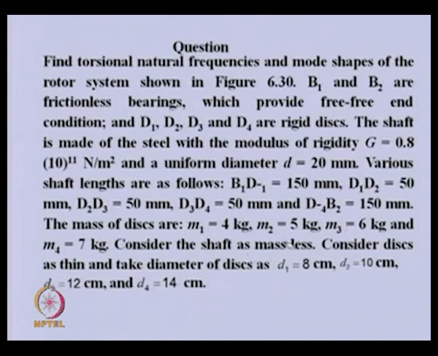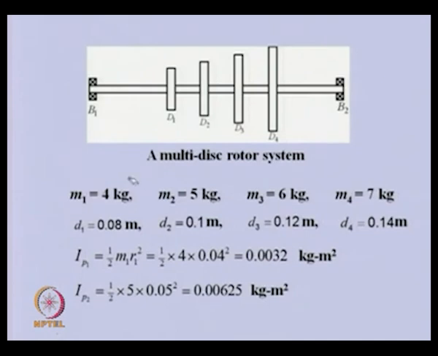Here we are considering thin discs. So, we can obtain the polar moment of inertia of the disc using this information. All the geometrical mass and various distances of the disc are provided here, even the modulus of rigidity is given. So, we can use this to obtain the polar moment of inertia of the various discs.